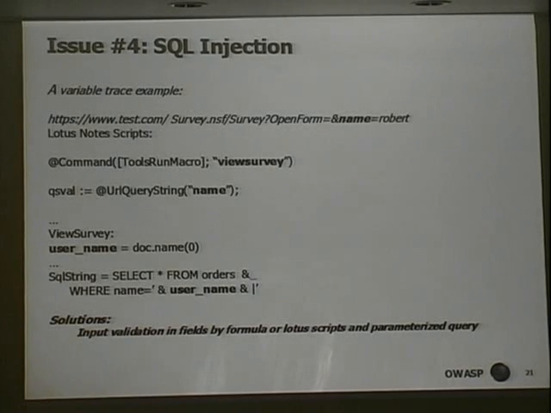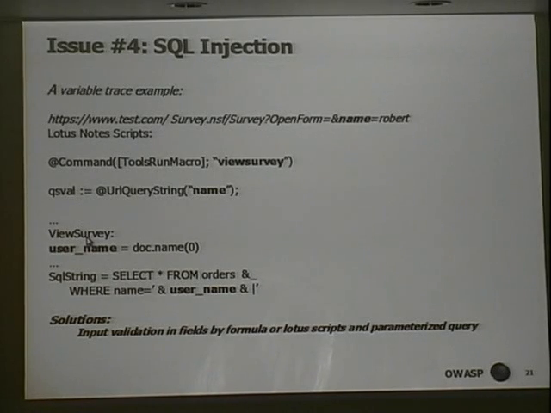Here's a small code example of how SQL injection happens. We have a database called survey. We have a form called survey. We pass the name to this form, and in the Notes formula language, it will call the agent called view survey, and also it will get the name and save it in the document itself.